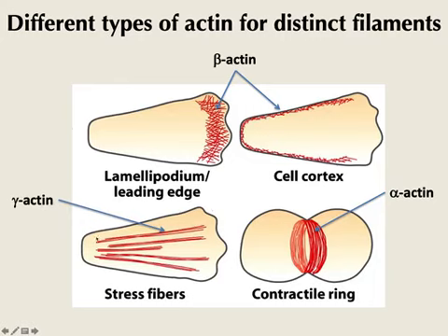Gamma actin is more found as these stress fibers, and alpha actin, you may hear about this contractile ring when you discuss cell divisions, right? So in cell divisions, at the end of mitosis, you need to squeeze the two daughter cells to separate them, and it involves a contractile ring of actin here.